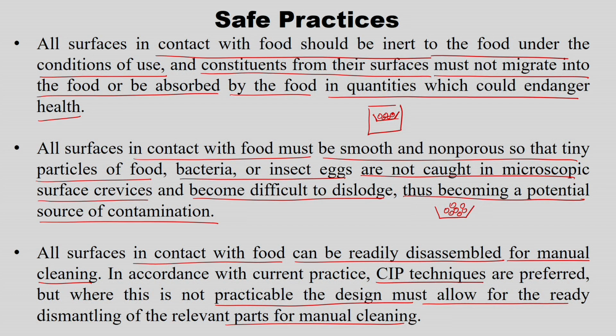Right. So, we have seen 5 best safe practices. One is the surface where the food material is kept should not react with the food material, and the surface should be smooth and non-porous. When certain parts of the dryer need extra manual cleaning for functional reasons, the CIP techniques or the design of the dryer should ensure the dryer can be disassembled and dismantled very easily and further assembled without any difficulty.